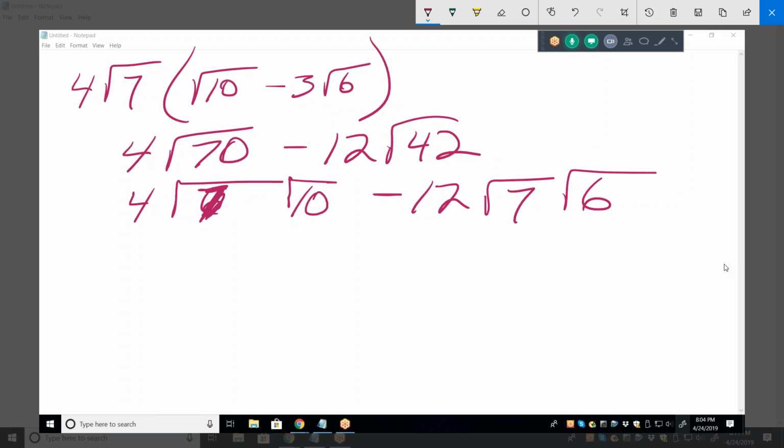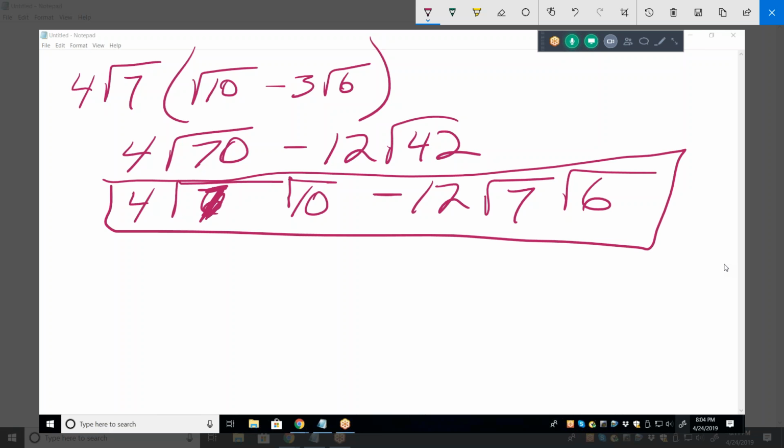So now I've got this to deal with. Well, is there a greatest common factor? No. Actually, there is. Root 7. In fact, 4 root 7.